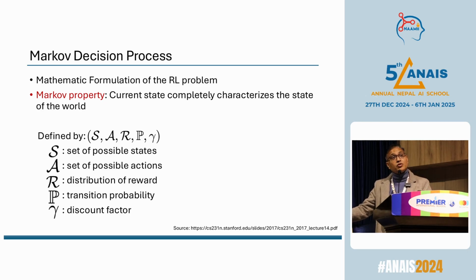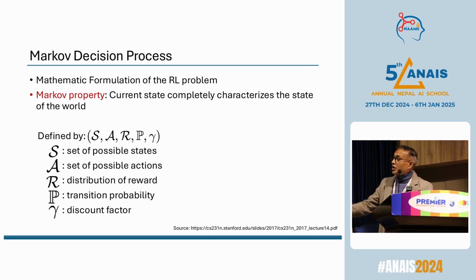Every state has to follow the Markov property. What is the Markov property? The current state completely characterizes the state of the world. What does it mean? It means that any state in an environment does not depend on the history, the previous past states. That is what the Markov property basically is.